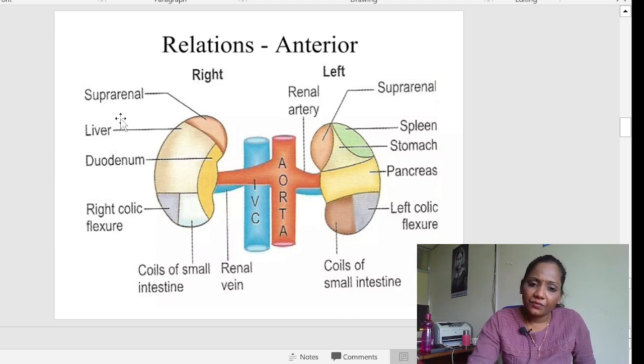In the right kidney, the superior portion is also with the suprarenal gland, then the liver and duodenum. Here we said left colic flexure, here right colic flexure, and coils of the small intestine.